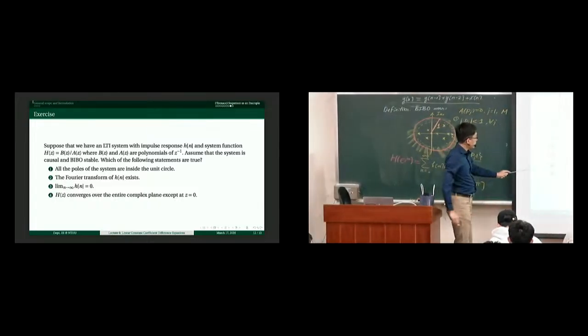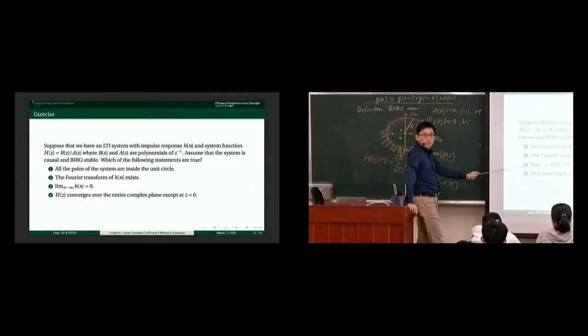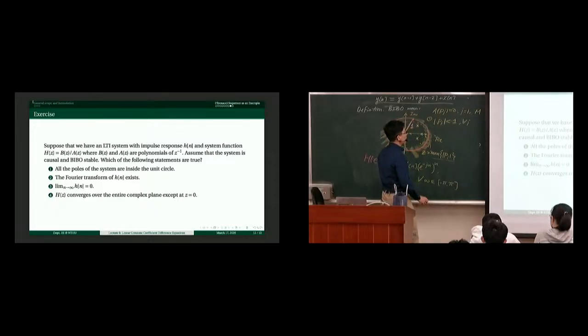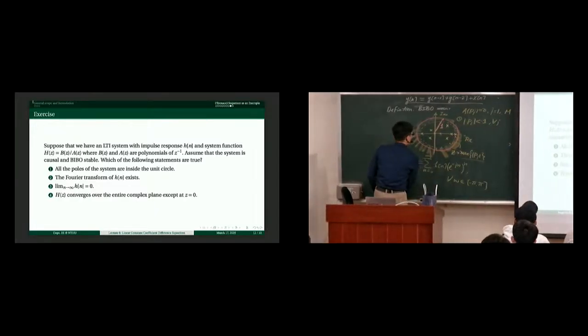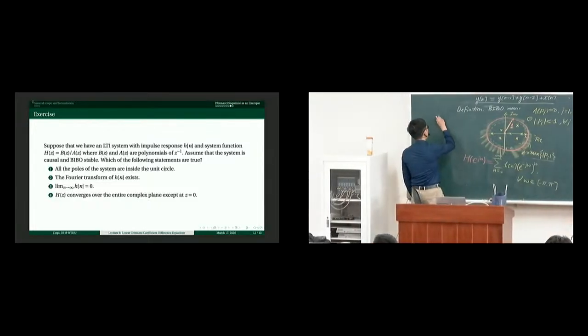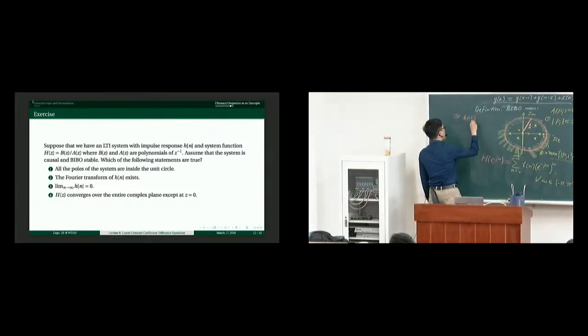And then finally, does number 3 hold? Yes, number 3 holds because h of n has a general solution. h of n should have the general expression alpha 1 p1 to the nth power plus alpha 2 p2 to the nth power, and so on, up to alpha m pm to the nth power.